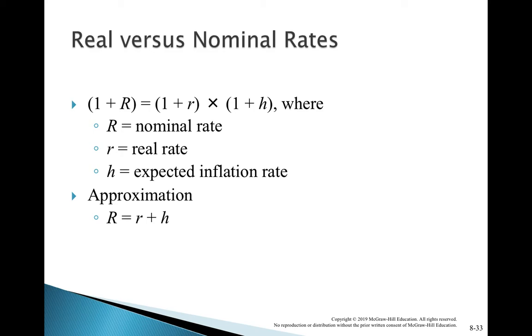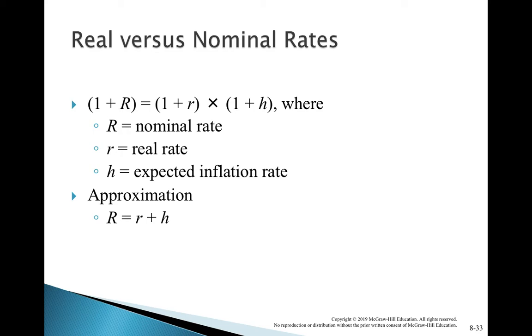All the above calculations are very accurate, but you can make an approximation. Now, I am giving you the straightforward rate. The approximation is: nominal rate of interest is equal to the straightforward real rate of interest plus inflation.